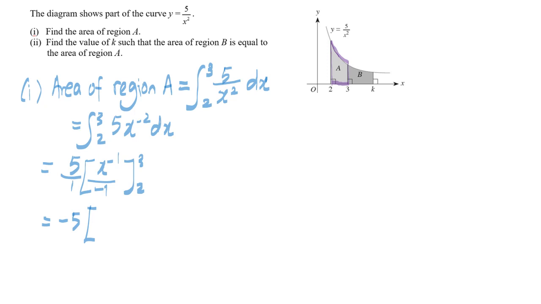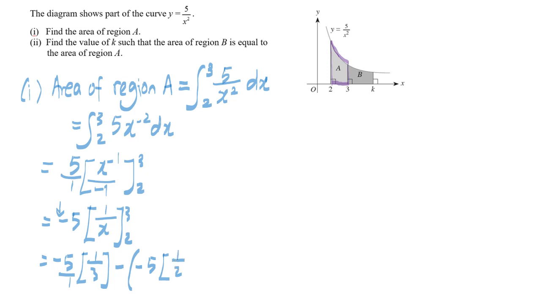X to the power negative 1, you can write it back as positive index with 1 over x. Right? So that will give you 1 over 3 minus, make sure you bracket the second term because there's a negative sign here. So minus 5, then the square bracket 1 over 2.